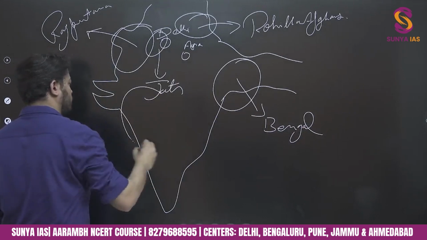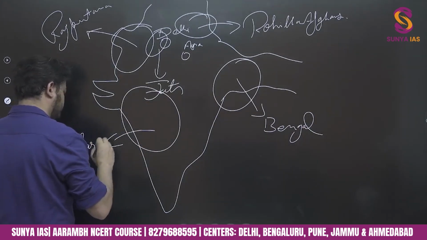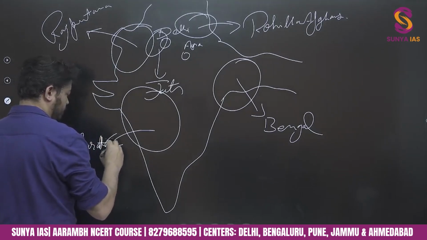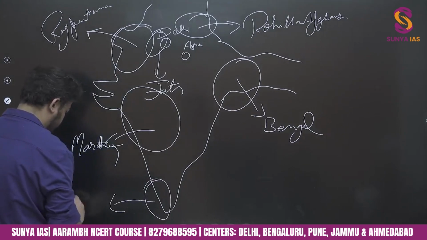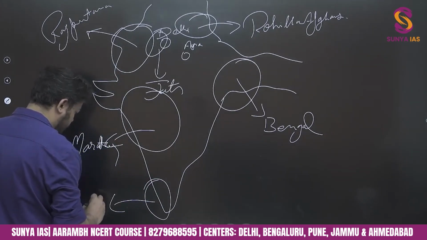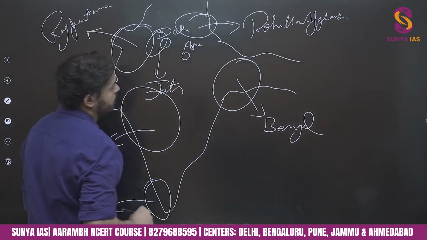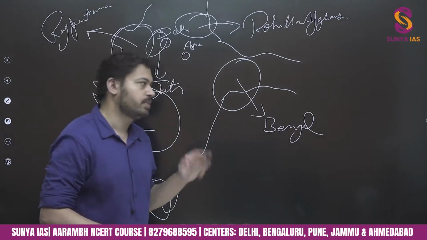This is your Marathas. This is your Travancore. Okay, got it? A basic idea of what is where on the Indian map.